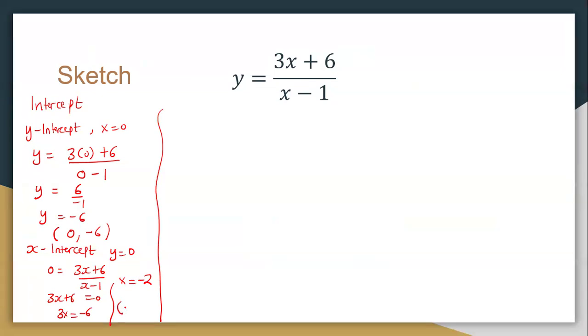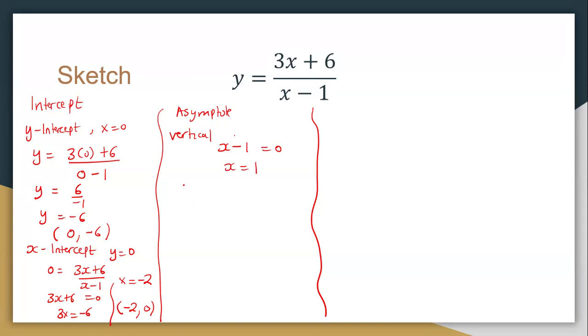So the point is negative 2 and 0. And then for the asymptotes, for the vertical, we equate the denominator to 0. x minus 1 equals 0, so it is x equals 1.